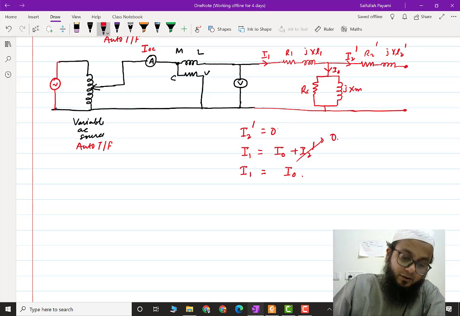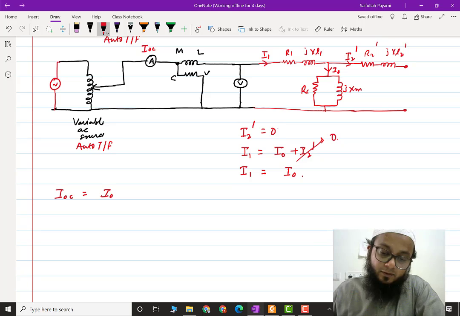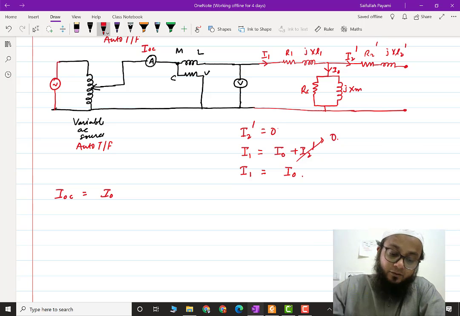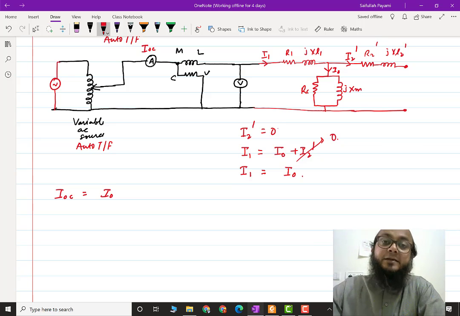IOC, the open circuit current. So this IOC is equal to I0, which is the no load current. Okay, that no load current flows through RC and jXM.